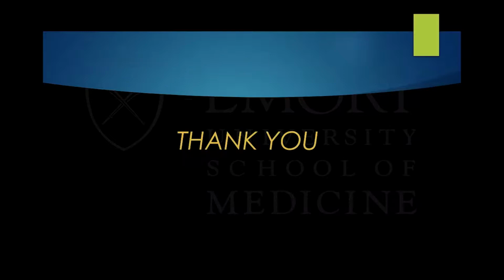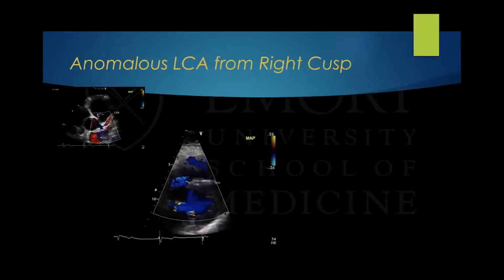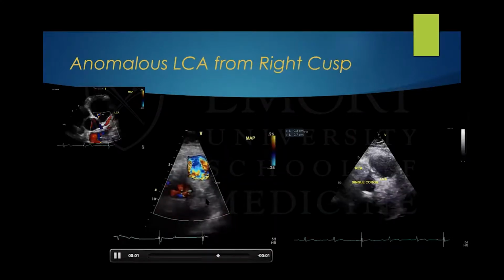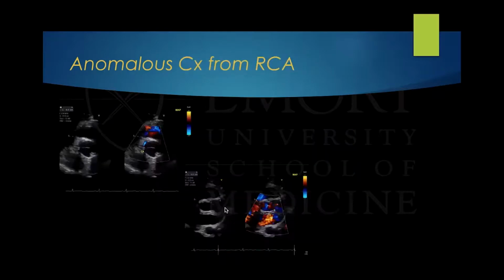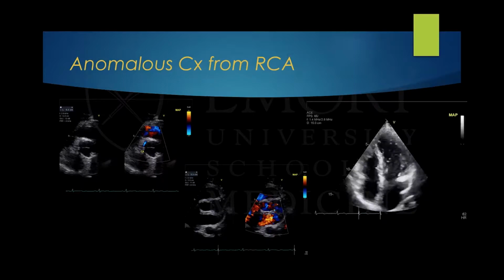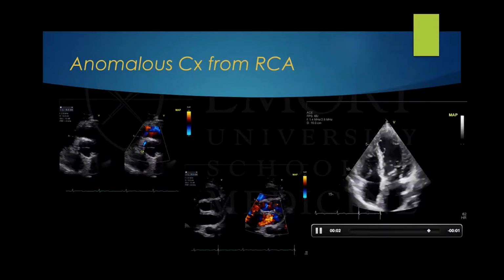The retro-aortic circumflex, in here you see the circumflex. This is the aorta. This is the left atrium. You see the course down here. And in the apical four-chamber view, tilted a little bit more posteriorly, you see that this vessel coursing here is the circumflex reaching out into the lateral wall.